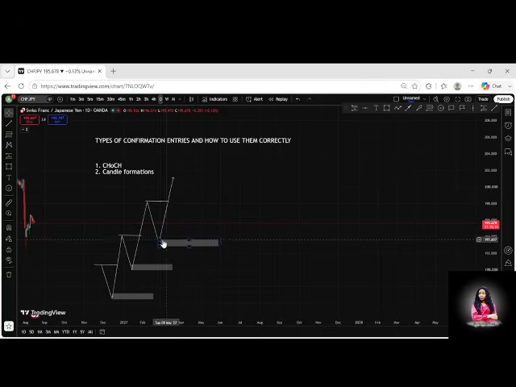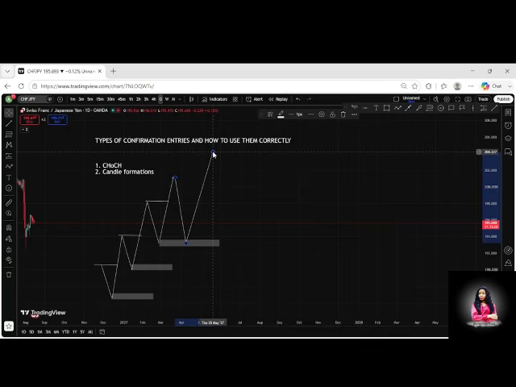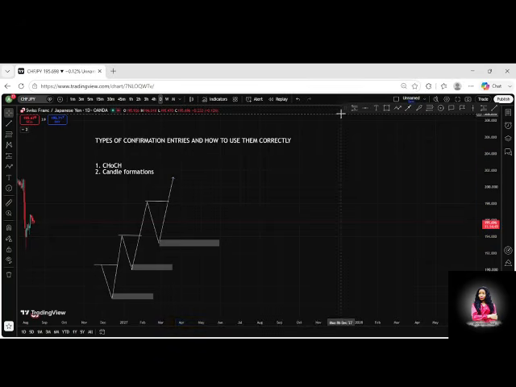Now, this is the last demand zone that market printed for us. We expect market to do something like this and then keep moving. We expect market to do something like this and keep moving. That is ideally the uptrend is still in continuation. But then, if this does not happen, let me delete.